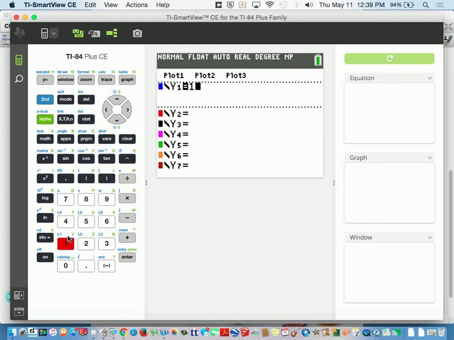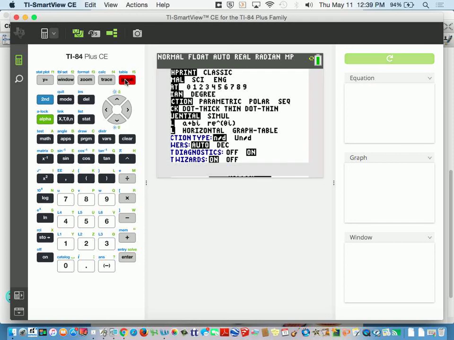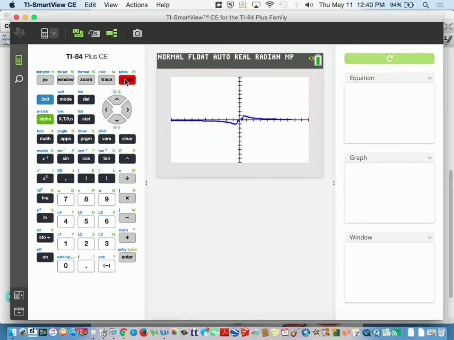what was it? Is it 1 divided by sine of x? Sine of 1 divided by x, thank you. I'm going to go into radian mode, make sure I'm in radian mode when I graph it. Let's see if we can see it. So it kind of does that, right?